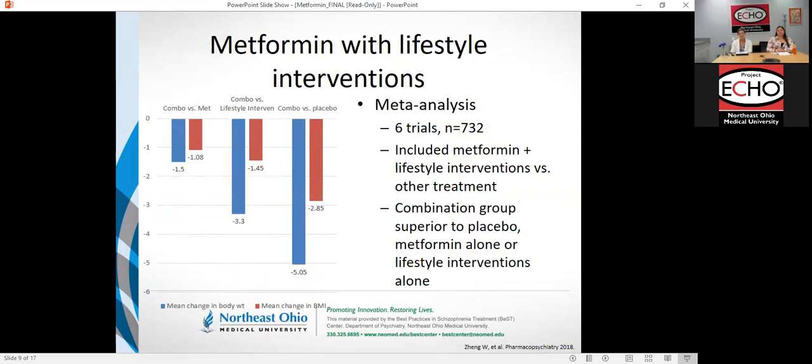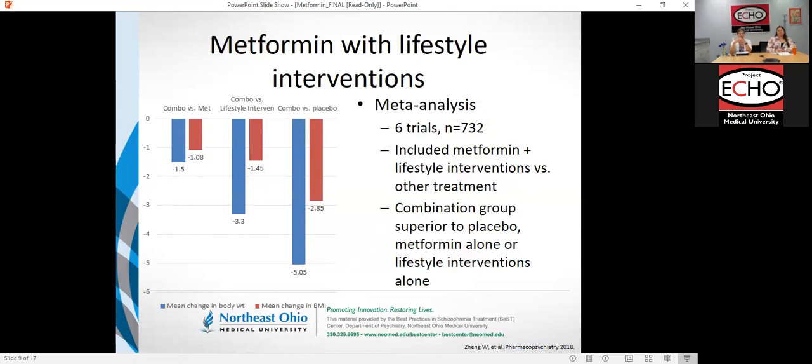The patients were a little bit younger, average age was 33, and they had been ill for on average about a year and a half with a severe mental illness. They were on antipsychotics, a varying number of antipsychotics. At least one of the trials did include patients that were on olanzapine.